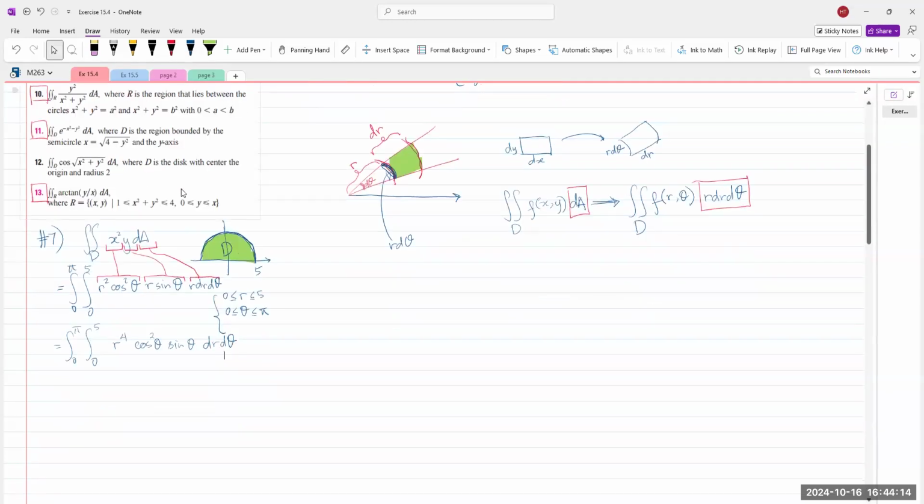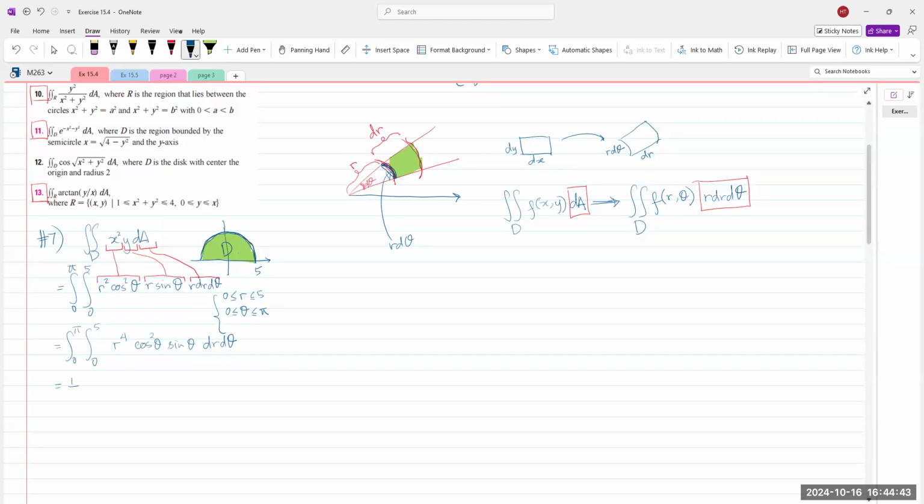Because the integrand is separable, the r factors and the theta factors, and the domain is a rectangle with all constant limits, I can use Fubini's theorem if I want to. You can also just integrate from inside out if you want. Let's just do it inside out, but if you want to use Fubini's theorem, it's totally fine.